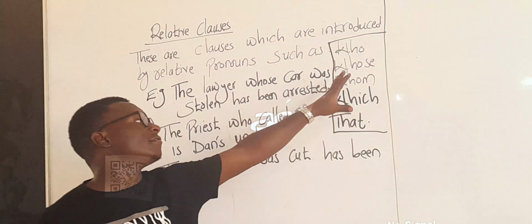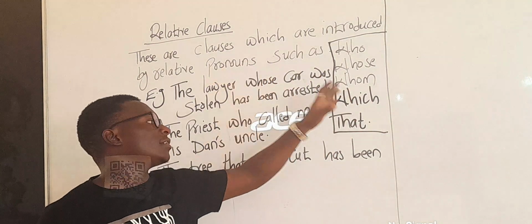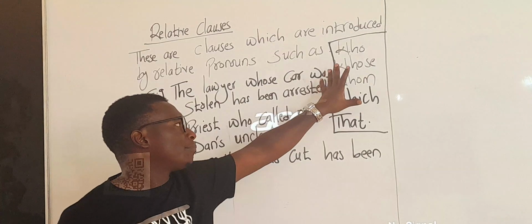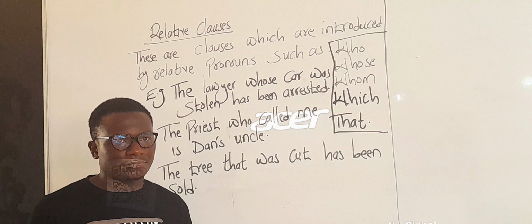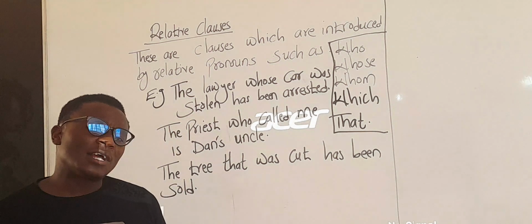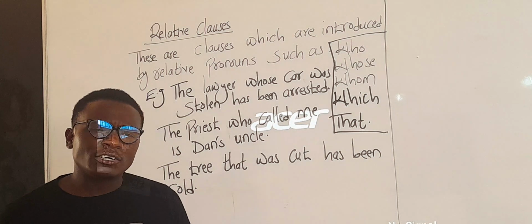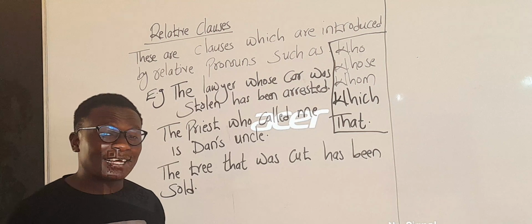And the relative pronouns which introduce the relative clauses are here. This is a list of relative pronouns that introduce relative clauses. Now, we have to realize something else. Relative clauses function as adjectives in sentences.